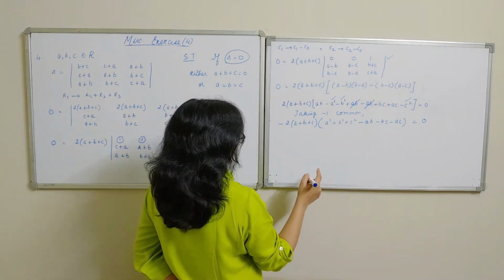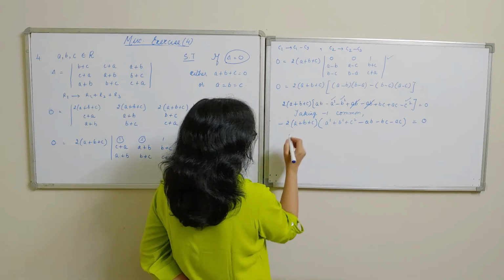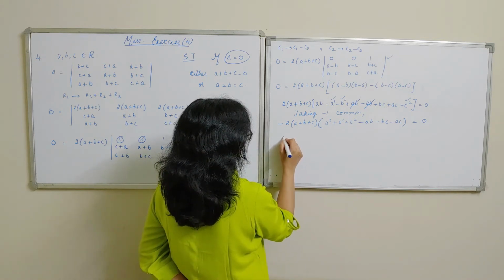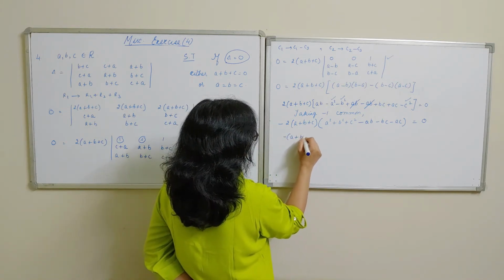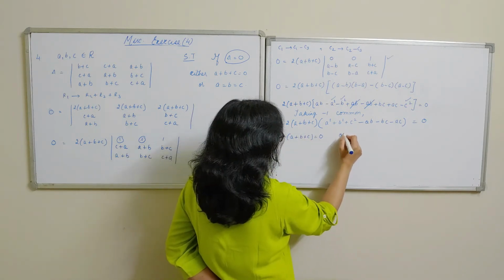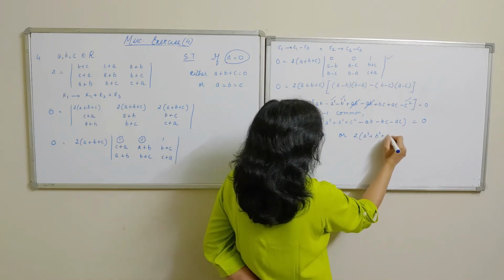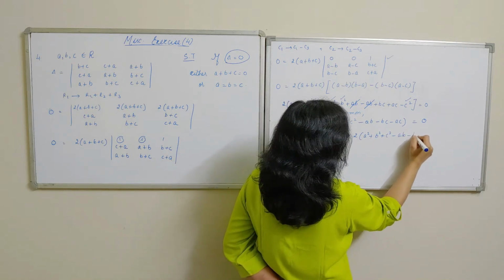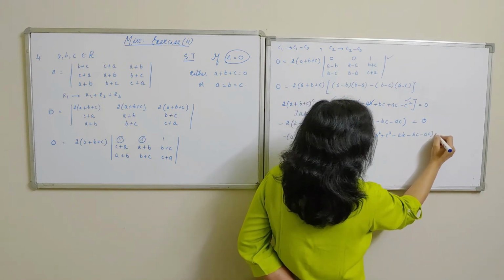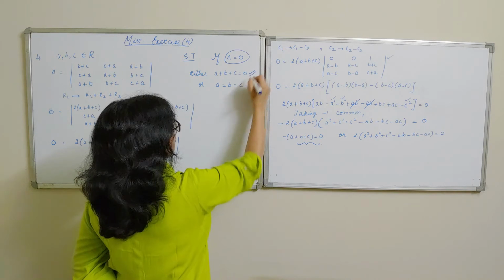So now here you can see that we have got basically two factors. One of the factors is, I'm writing it as minus (A plus B plus C) is 0, and the second I'm associating with this factor. Two times this factor is 0. So this factor is 0, one condition obtained.